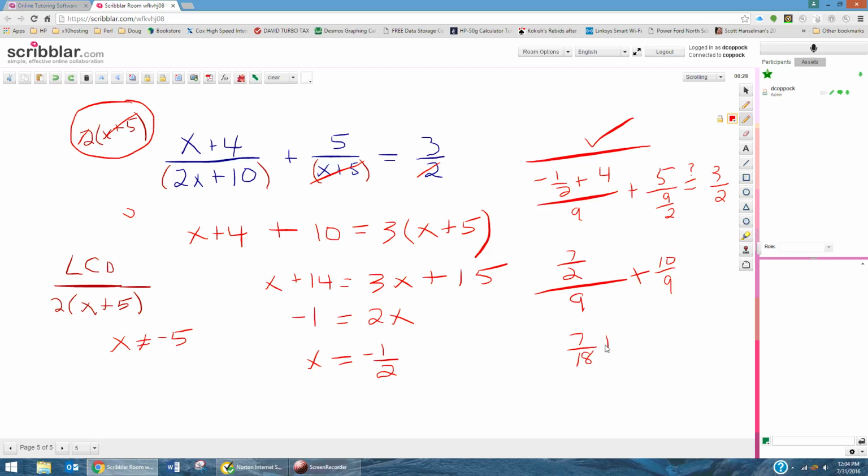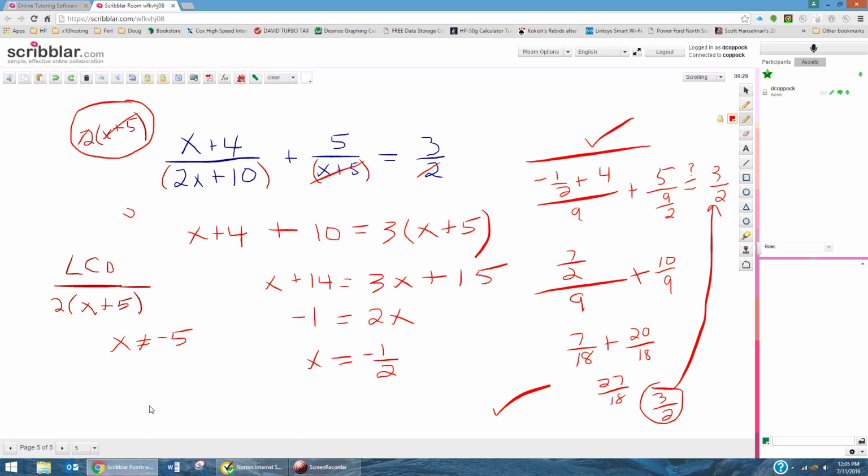So while I'm at it, I'll convert this to 18ths. That's 27/18, which reduces to 3/2, which matches what I had on the right side of the equation. So indeed, this does check.